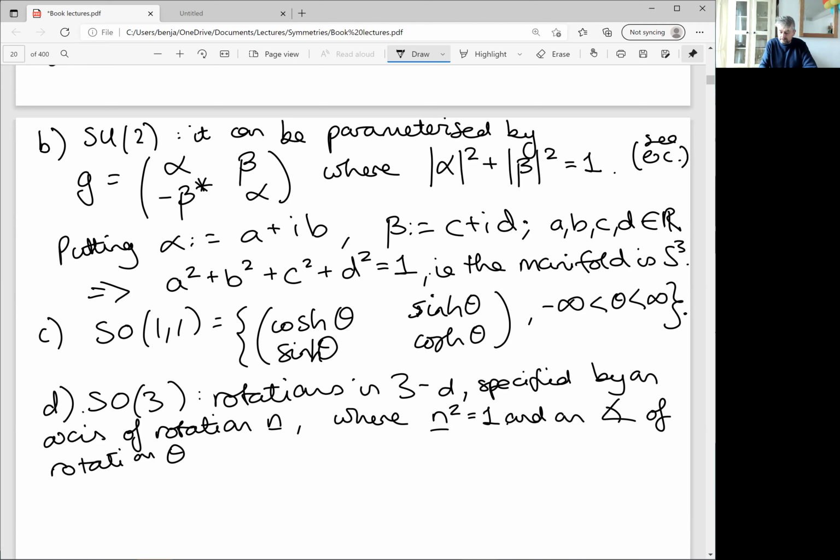So we've got effectively 3 real free parameters. So it's an exercise gone through again in the book.